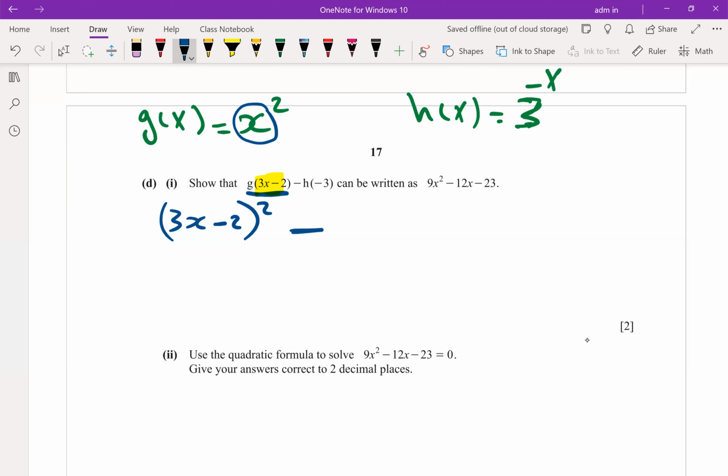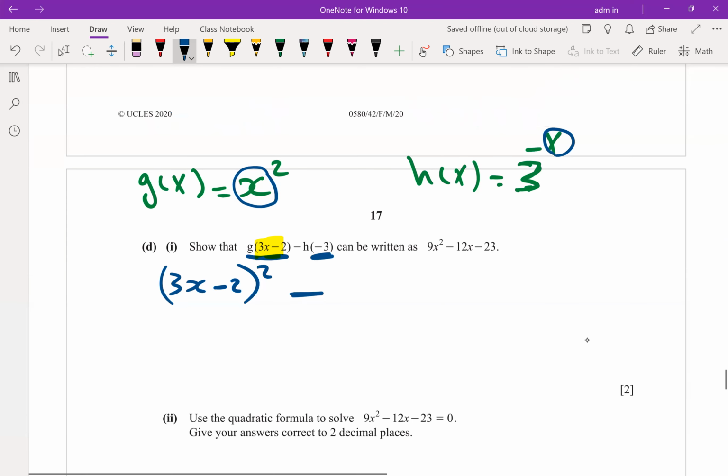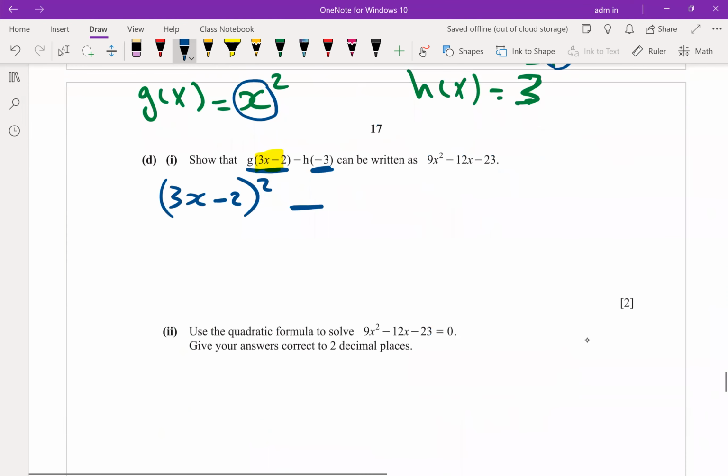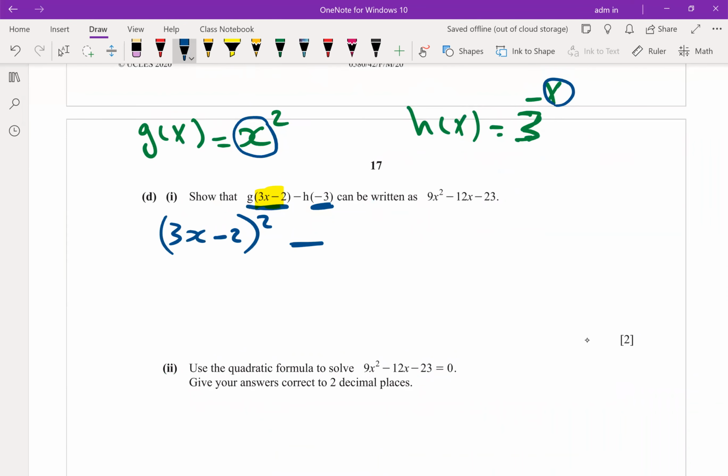Minus h of -3, remove x and write what? -3. It's 3 power of x or 3 power of negative x? 3 power of negative x. Okay, correct. Remove x and write -3, so negative will be +3. Simplify your answer.